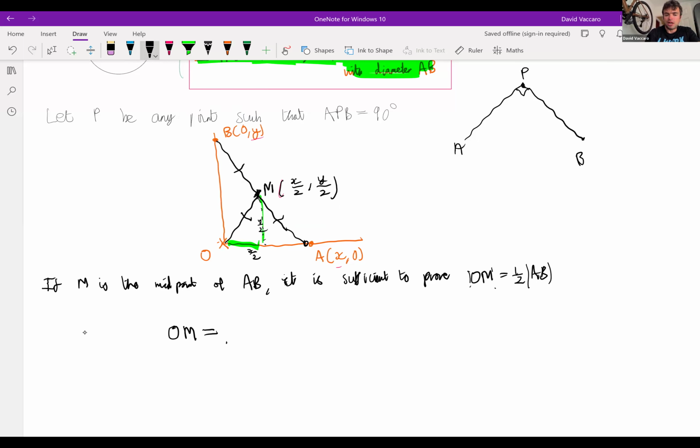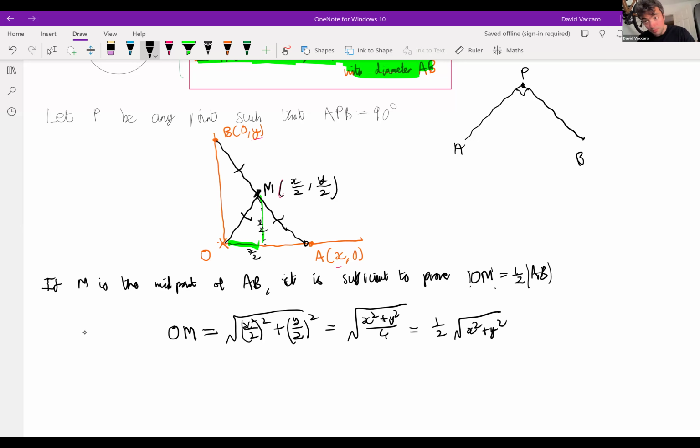So by Pythagoras, OM is just the square root of (x over 2) all squared plus (y over 2) all squared, which is the square root of (x squared plus y squared) over 4, which is 1/2 the square root of x squared plus y squared. But that square root of x squared plus y squared is just what Pythagoras' theorem would give me as the length of AB.